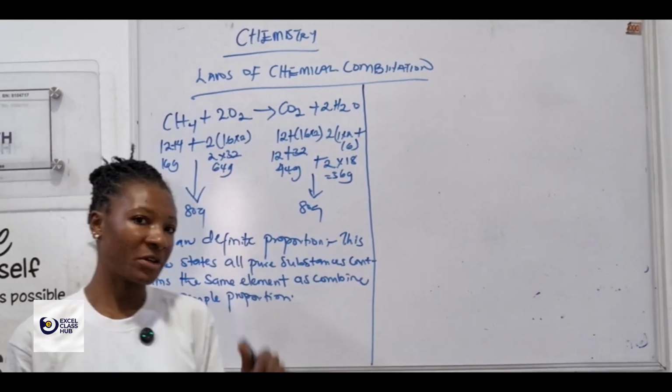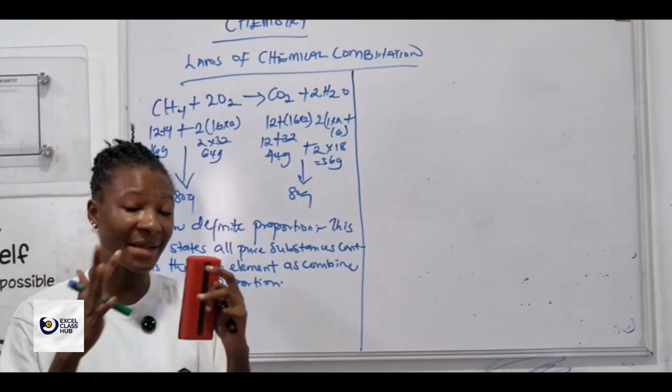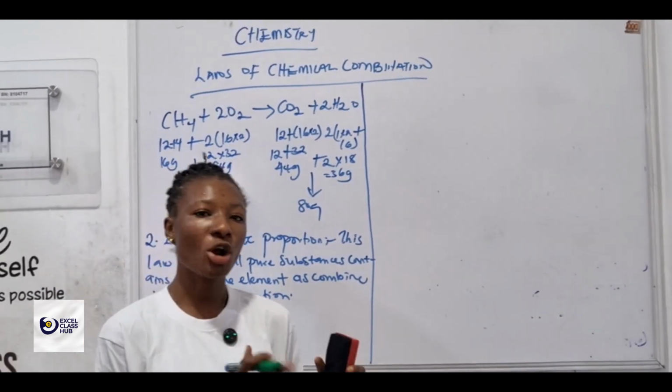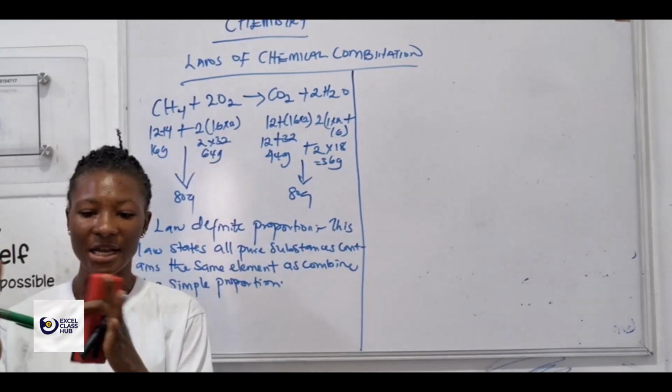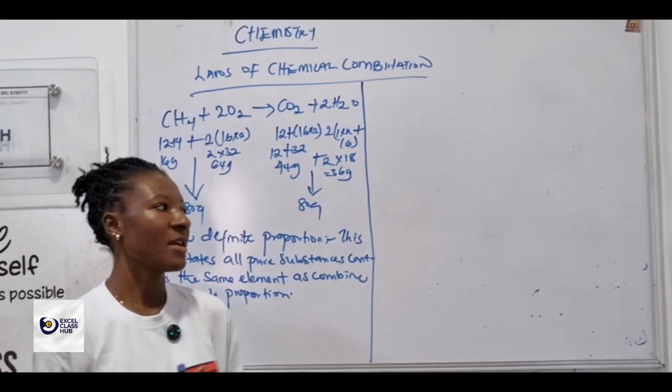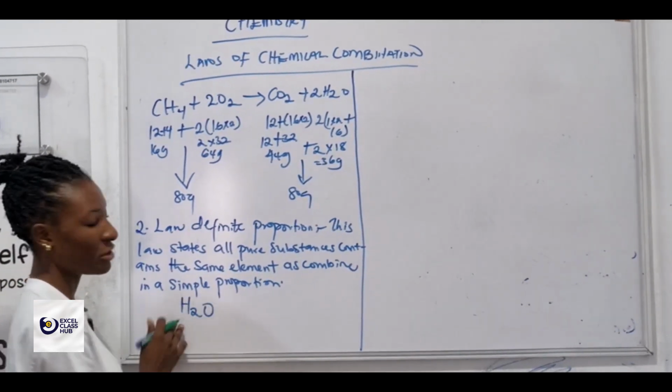if you have a drop of water and a glass of water, the same element that makes up a drop of water is the same element that makes up a glass of water. The only difference is that maybe in a drop of water you must have H2O. H2O is the formula for water.